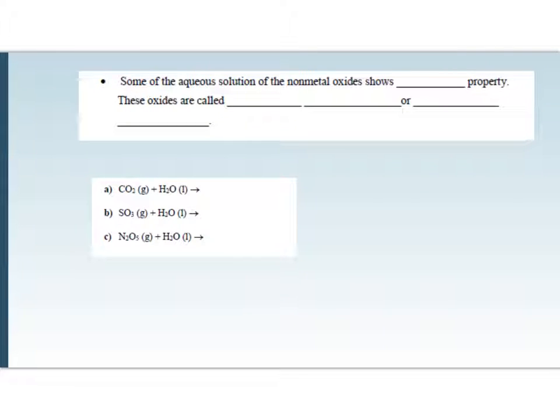And some of the aqueous solutions of the nonmetal oxides show, in this case, acidic properties. Remember, we talked about their trends before. These oxides are called acidic oxides or acidic anhydrides.